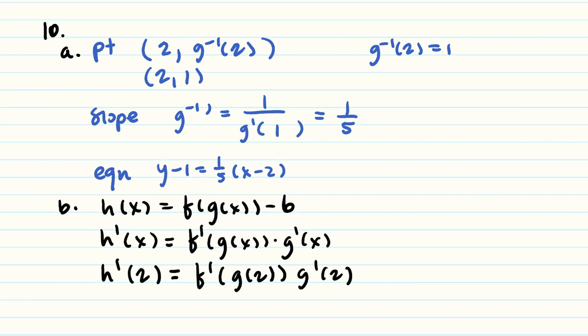So I go and look up the table. g of 2 is 3. f prime of 3 is negative 4. g prime of 2 is equal to 1. That's all I got for you.